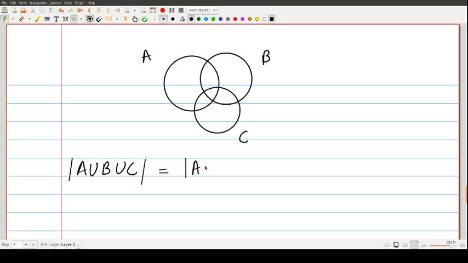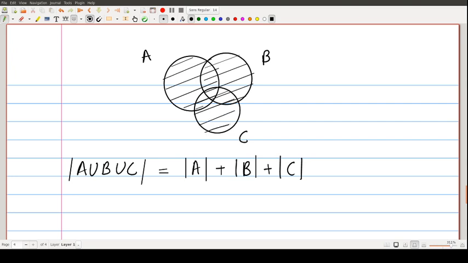Let's include the number of elements of A, the number of elements of B, and the number of elements of C. These elements are simply coming from these circles here, right? So again, taking these elements and taking these elements.